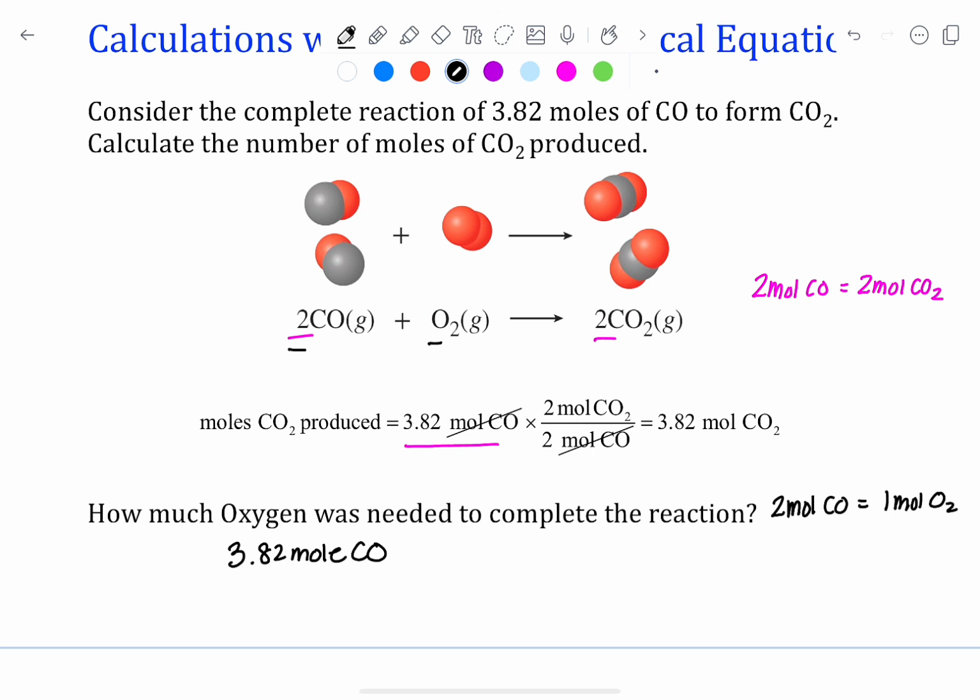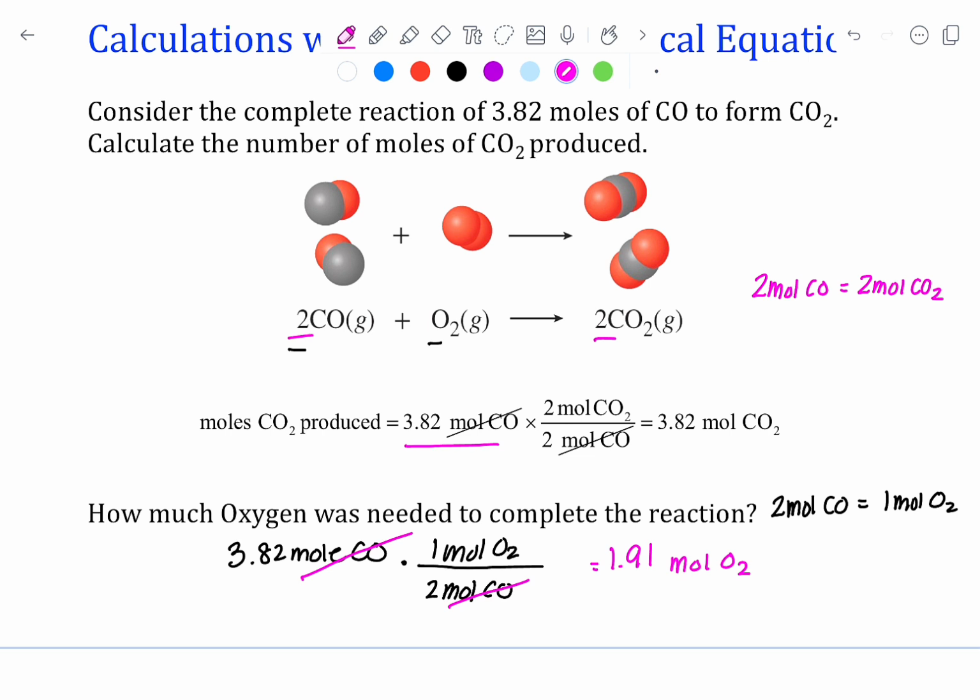We can use that equivalency as another conversion factor. So we put 2 moles of CO and 1 mole of oxygen on the top. That allows us to cancel out moles of CO, and I'm left with moles of O2, and I simply take 3.82 moles and divide it by 2. So I get 1.91 moles of oxygen gas.